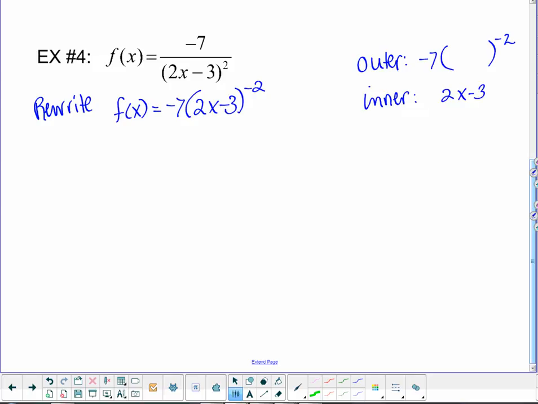First, start off by taking the derivative of the outer. The derivative of the outer means the -2 comes down, multiplies by the -7, and I'm going to have -2 minus 1. Leave the inside alone, and that inside was 2x minus 3. Chain reaction now. Take the derivative of the inner.